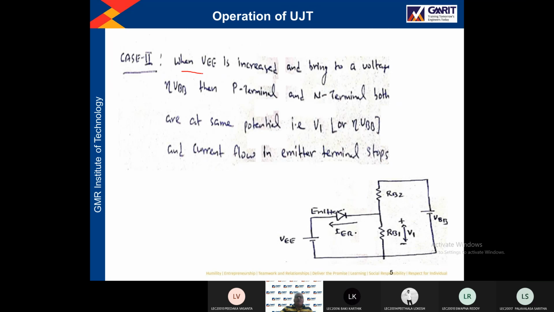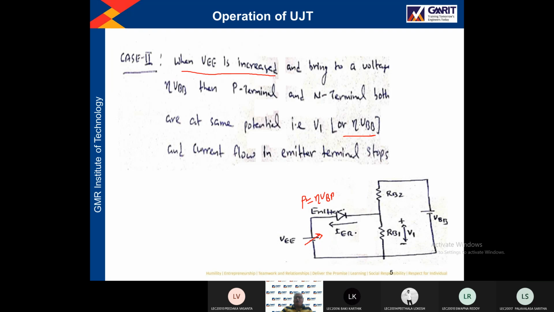Now case 2, when VEE is increased. We are increasing this VEE, and we have increased it such that its value is equal to eta VBB. So at this P terminal, we have increased the voltage so that it is equal to eta VBB.